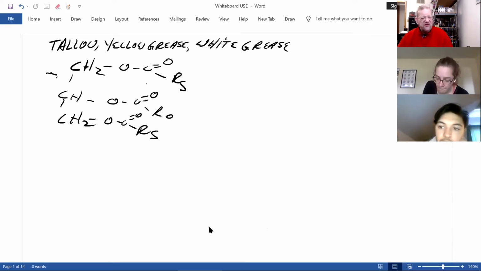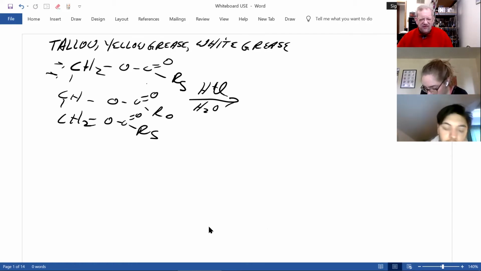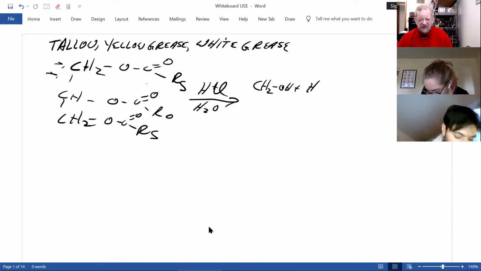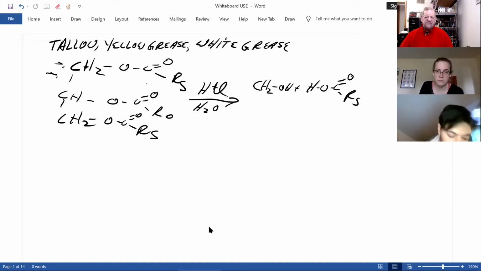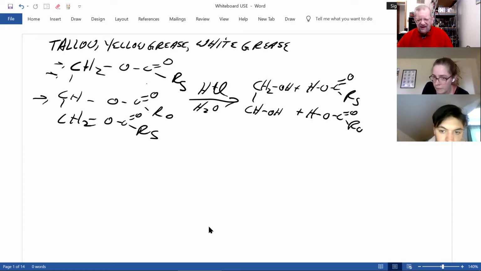But anyways, this tells you if I hydrolyze this with acid and water, and let's use HCl, this first ester will give me, as we've done before, this alcohol plus stearic acid, which I'll abbreviate now this way, R sub S. This one gives me this alcohol plus this fatty acid, oleic acid, which I'll use shorthand, and you can too.